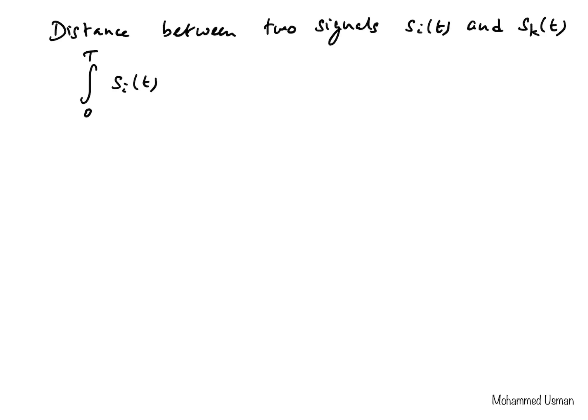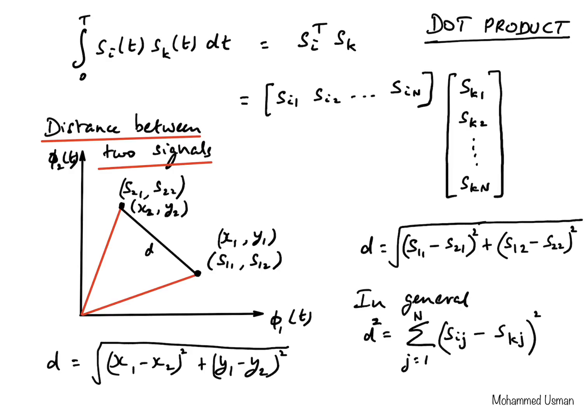So that will be the distance squared basically. So Si of t minus Sk of t dt, and because we are writing the distance squared now, that's equal to what we wrote here for the distance squared.